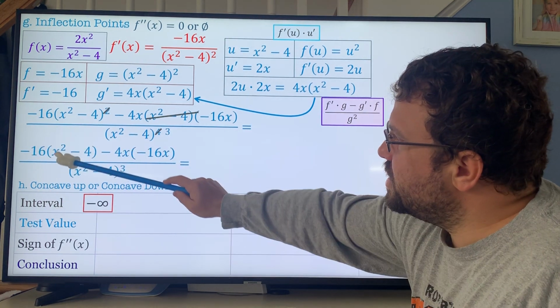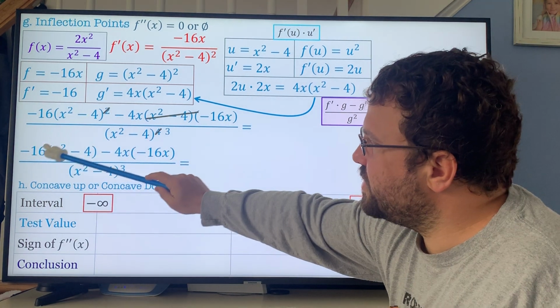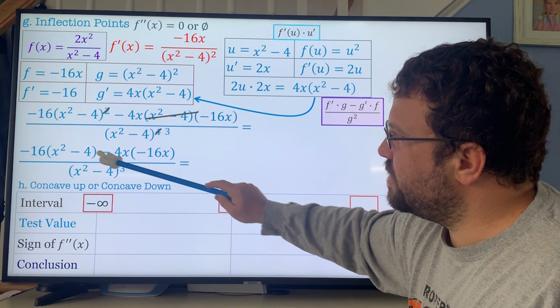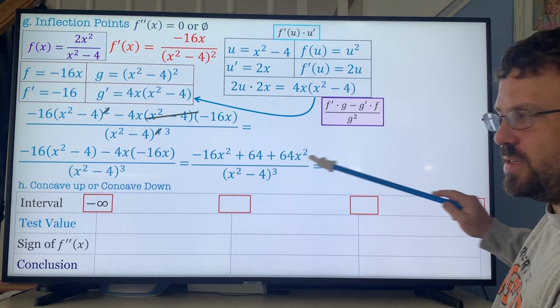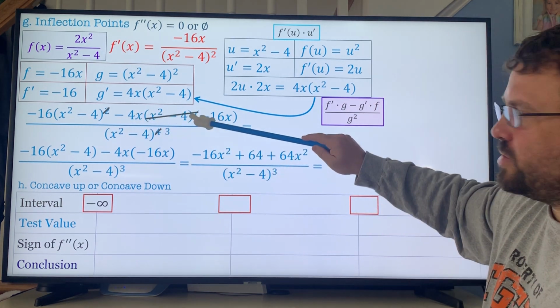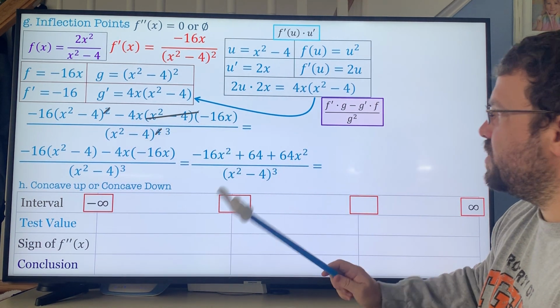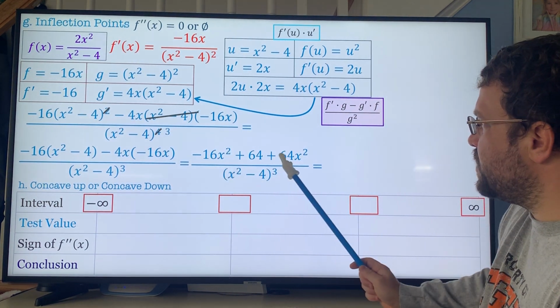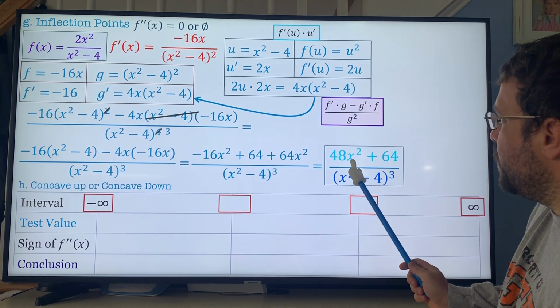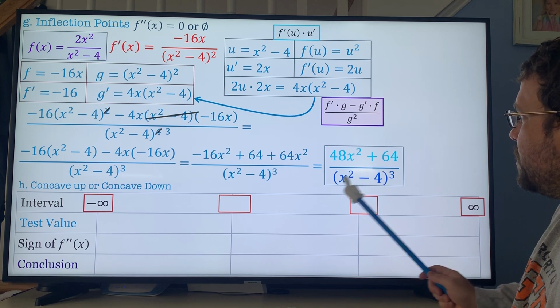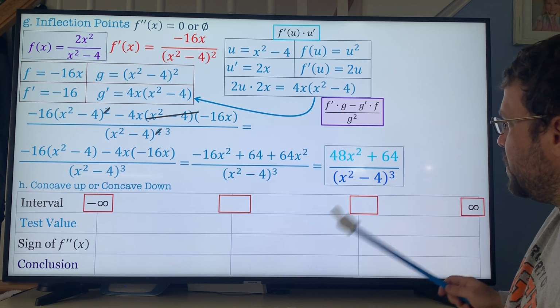So now, since I'm left here, I can go negative 16 here, times this, this, all right, and leave the bottom as it is. And that's a little bit easier. You don't have to double FOIL here and triple FOIL here and get really annoyed. All right, so negative 16x squared plus 64x, you combine like terms, all right, gives you 48x squared plus 64 over x squared minus 4 to the third power.